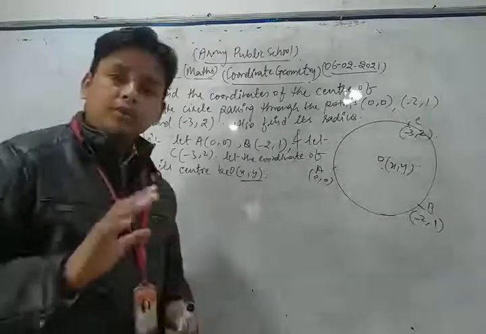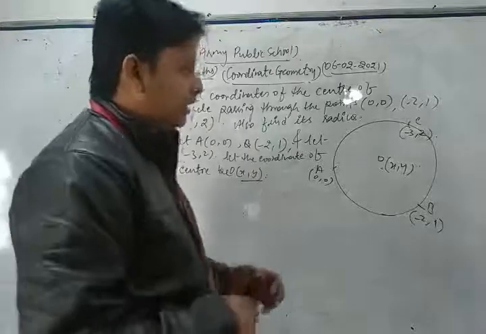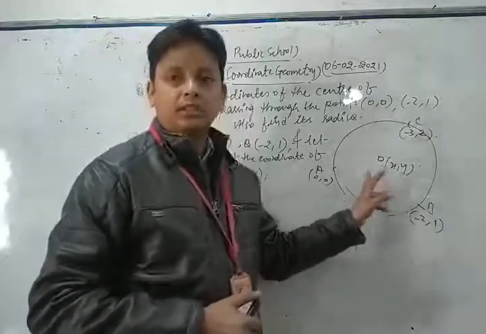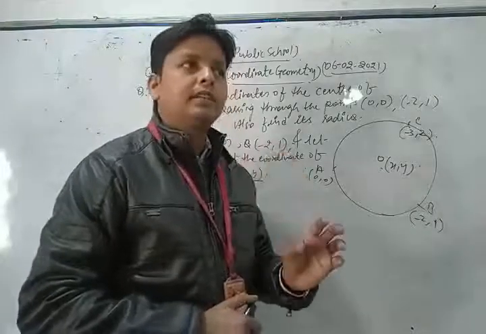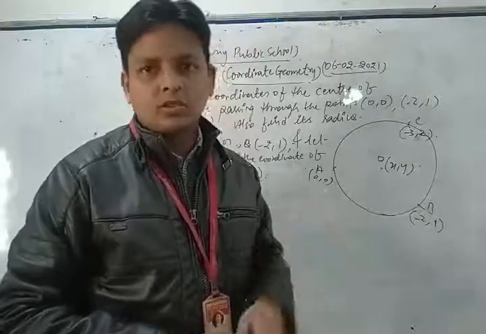Now, according to the concept of a circle, the line joining any point on the circle to the center is called its radius, and for any circle the radius always remains constant.